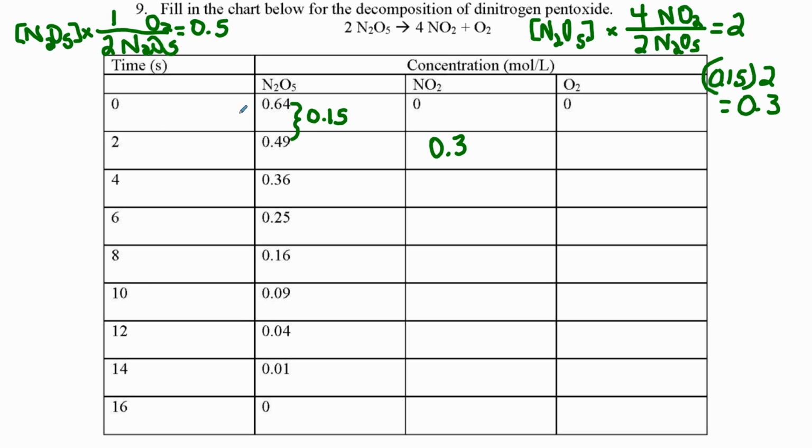Okay, so now to do oxygen, we'll do oxygen over here. I take the 0.15 and I'm going to multiply it by 0.5 or divide by 2, whichever you prefer. And that would equal 0.075.